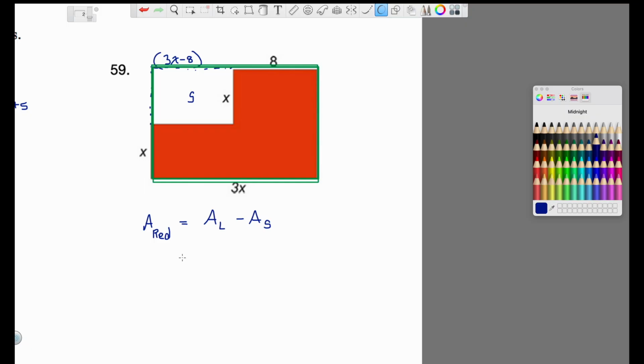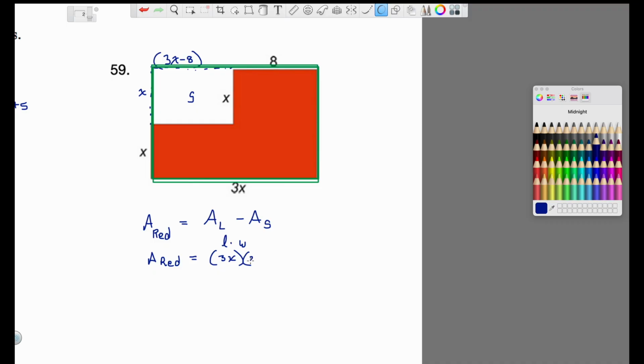So the area of the large one is length times width, and the length is 3x. I just put it right here as a reminder. And the width here, well, if this is x, that must mean this is x here, and that's x.